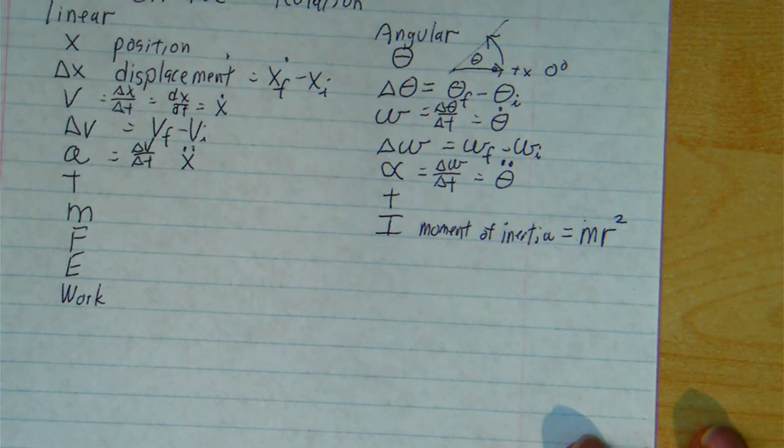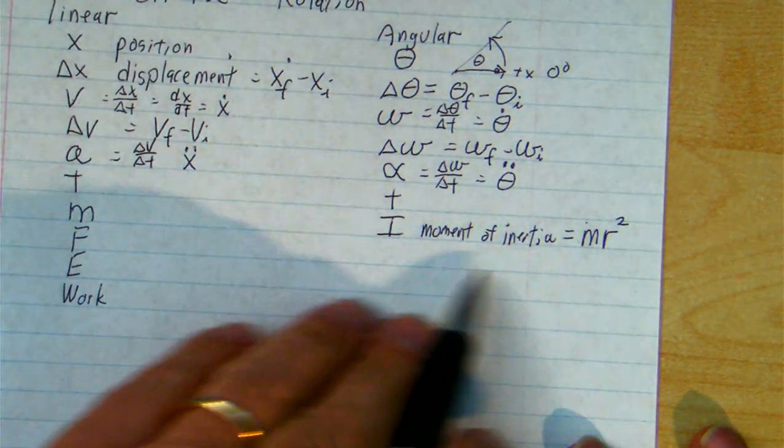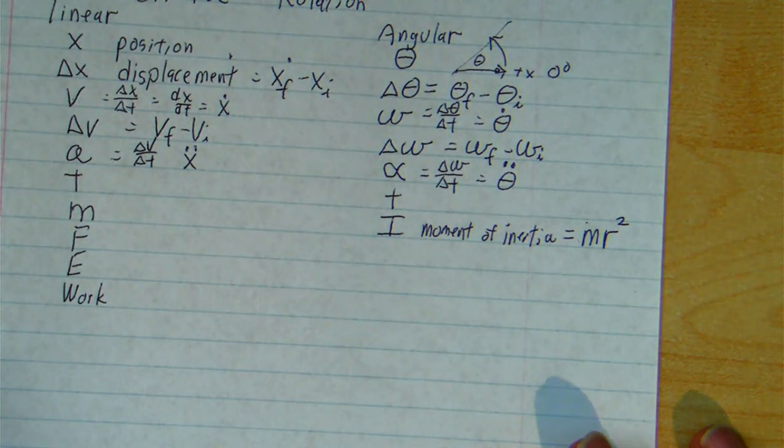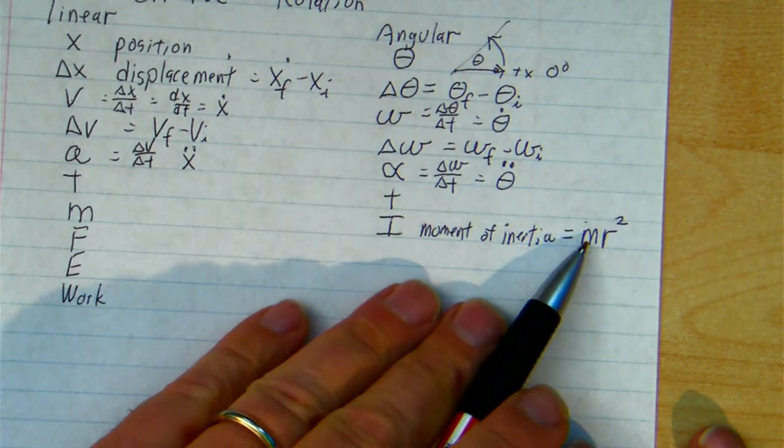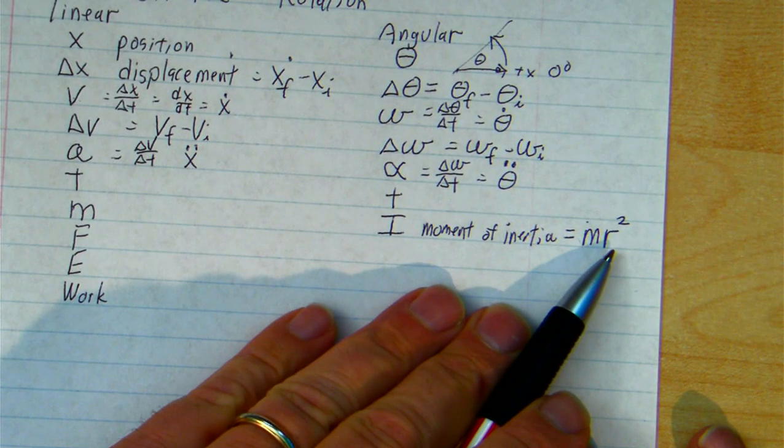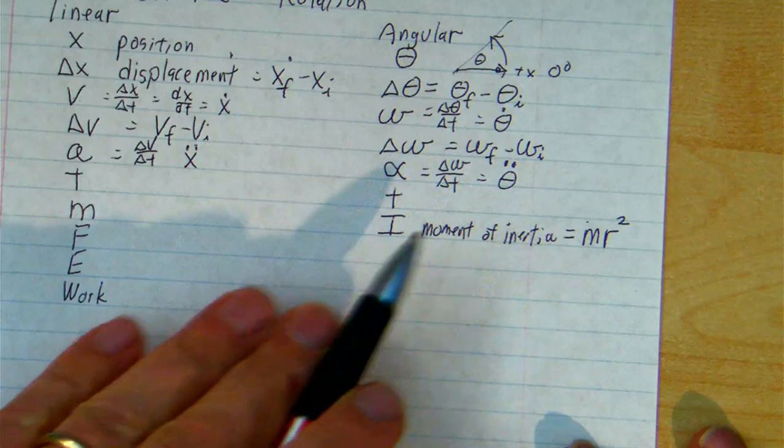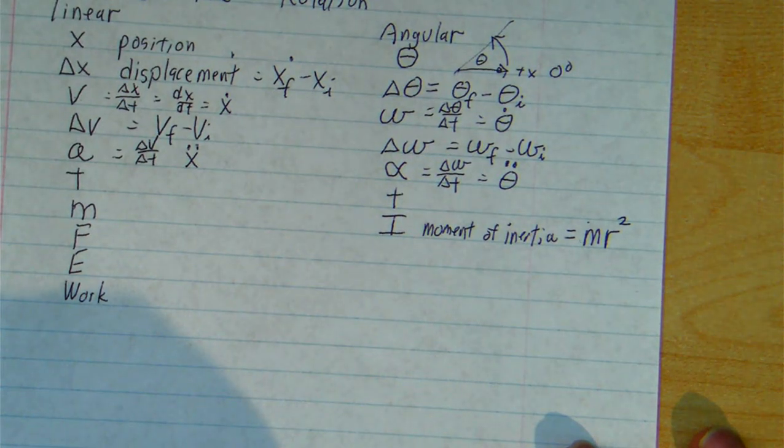Okay, so kind of scary, right? This is something you need to learn how to do. And you can have the same mass, but depending on how it's placed relative to a rotation axis, the moment of inertia can be quite different.